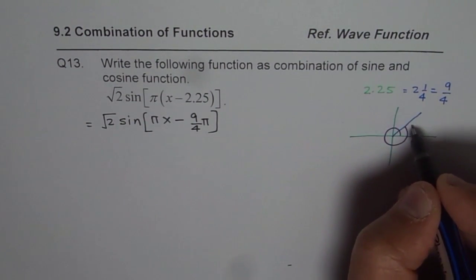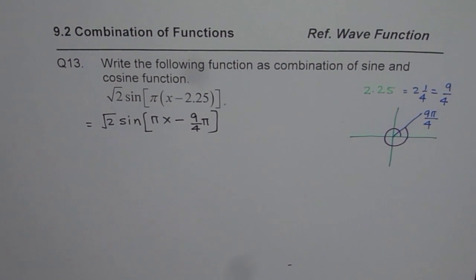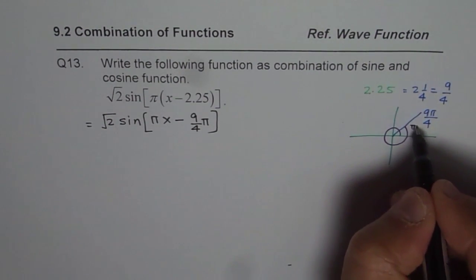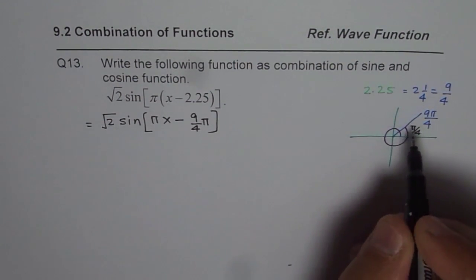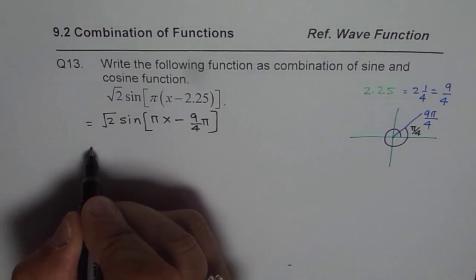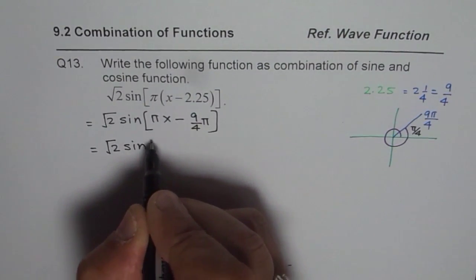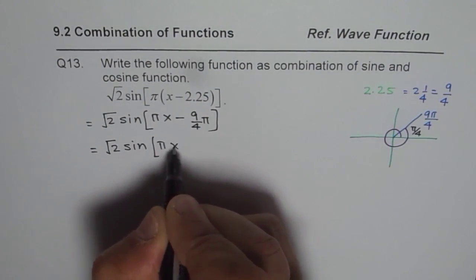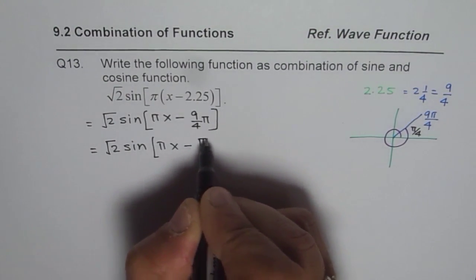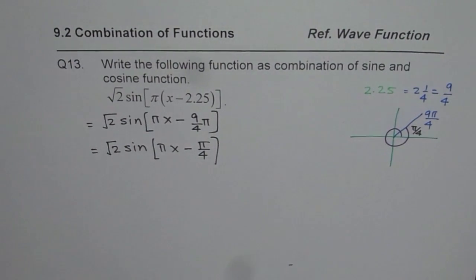The acute angle here, as you can see, is pi by 4. So 9 pi by 4 is one full circle plus pi by 4. So let me write this as equal to square root of 2 sine of (pi x minus pi by 4). So I just simplified these numbers into general form.